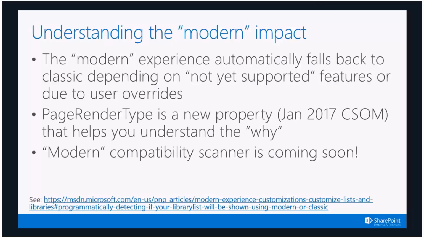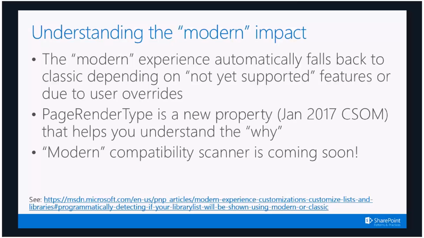So you have a clear view on which libraries are not compatible and why. At that point, you can start changing customizations to allow modern, or turning modern back on where the user turned it off. So you will have more control.